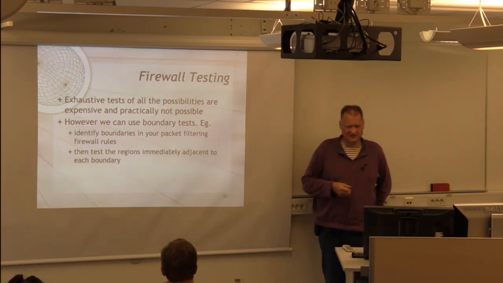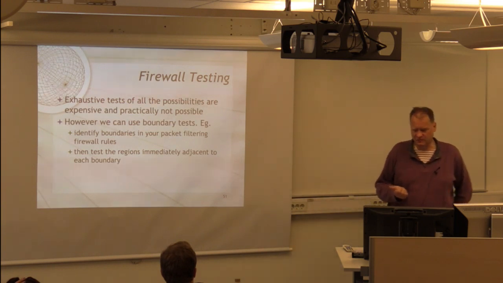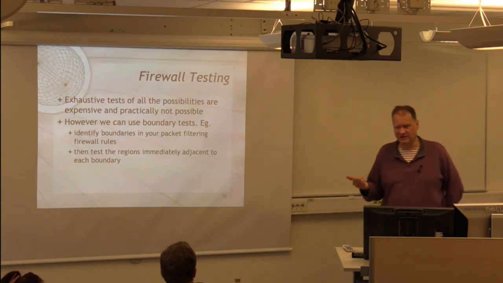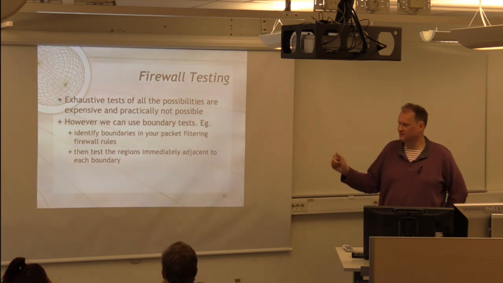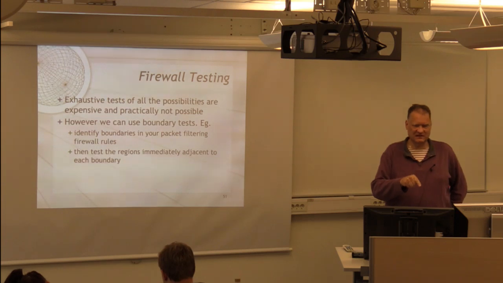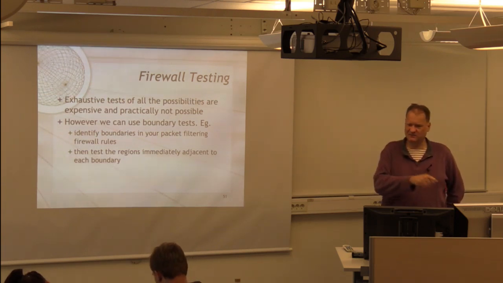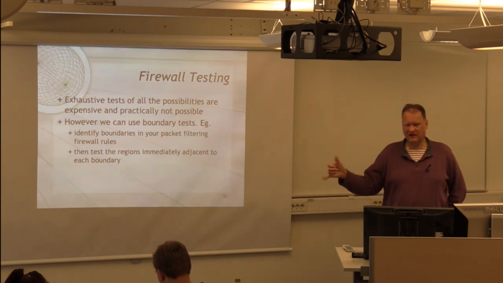interesting boundary tests. A typical boundary test would be, we have an internal network, we start with one IP address and end with another IP address. We should test the boundaries, that the first address is working as it should, and the address before that is not allowed because it's not part of it. And then the other boundary end.